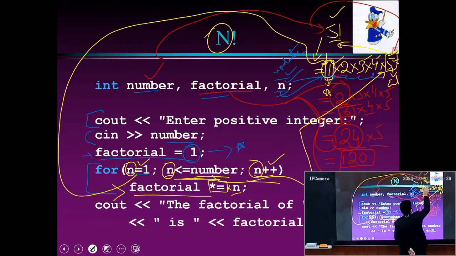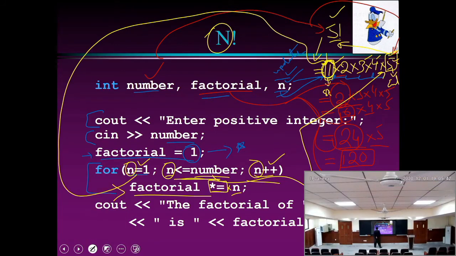So initially factorial is 1 and n is also 1. So 1 multiplied by 1 we will get 1, and in the second iteration the factorial will be equal to 1 while n will be 2, so 1 multiplied by 2 we will get 2.